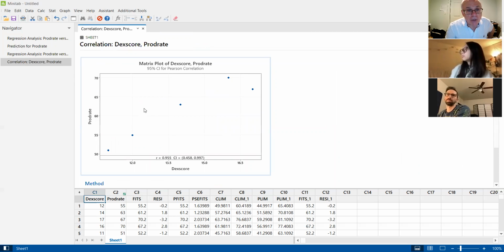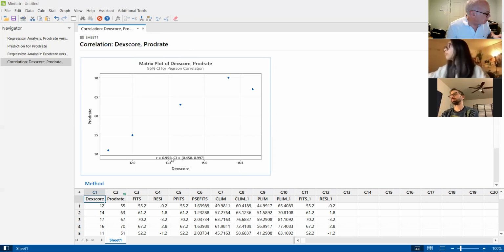Now it actually does a dot plot, what they call a matrix plot, but it's sort of like a dot plot. But here's the correlation right here, 0.955. By the way, you could do a confidence interval for correlation too, and it shows you how to do it in this chapter.